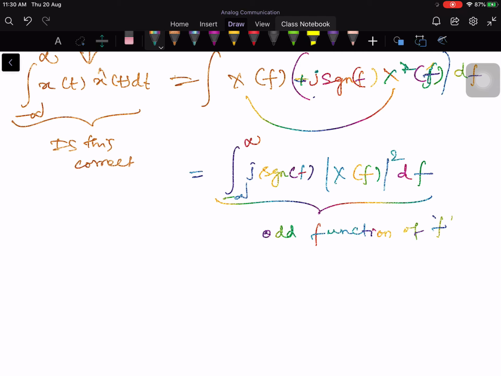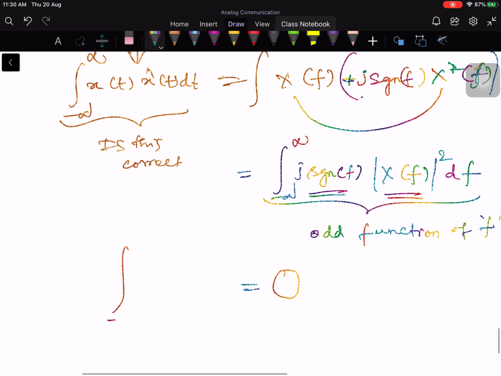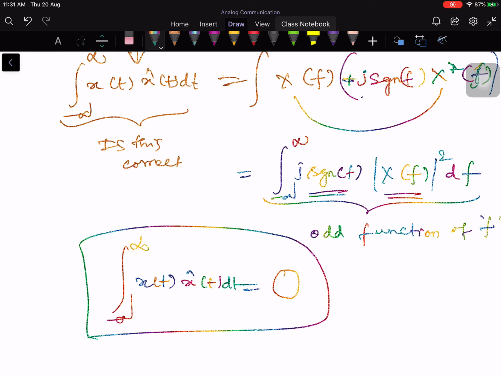Taking the modulus and squaring it is an even function, and this is an odd function. If you integrate an odd function from minus infinity to plus infinity, that integration leads to 0. So what do you have on the left hand side? x of t and its Hilbert transform x hat of t into dt. Therefore, the signal x of t and its Hilbert transform are orthogonal. That's the proof.